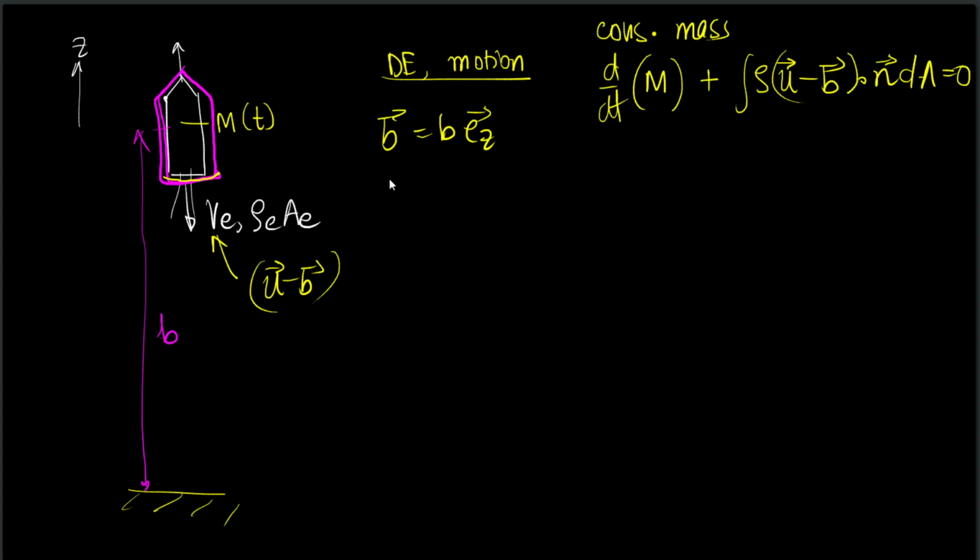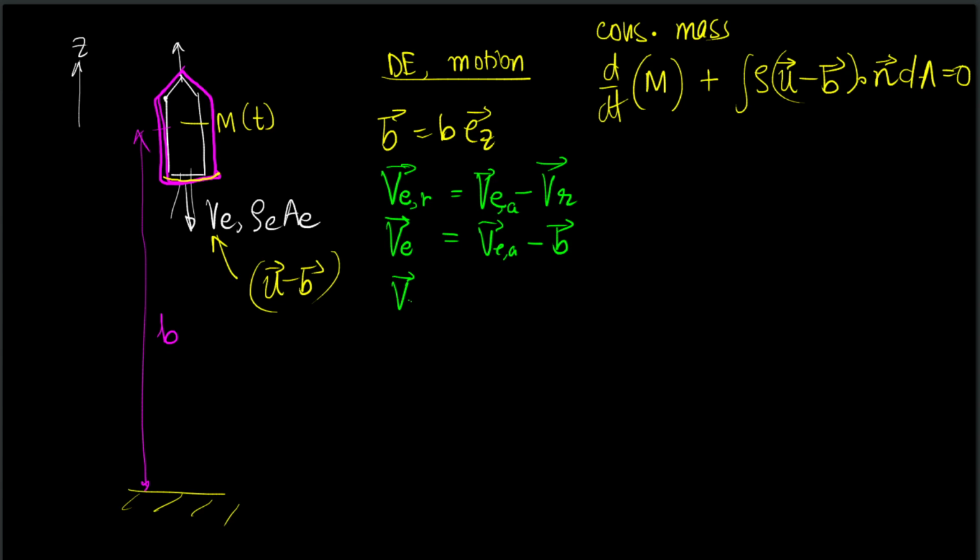So okay, let us write down the velocity of exhaust relative to the rocket, which is equal to the velocity of exhaust minus velocity of rocket. So velocity of exhaust with respect to the rocket is equal to VE absolute minus B vector.